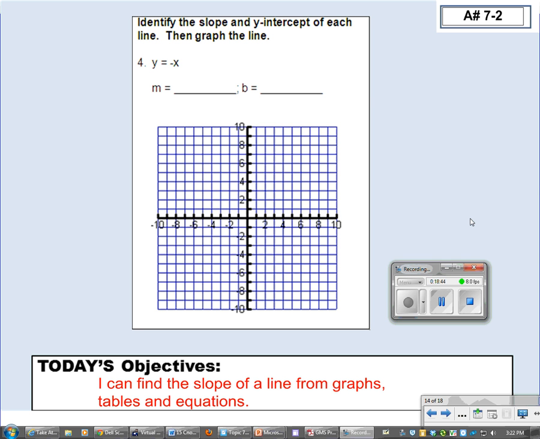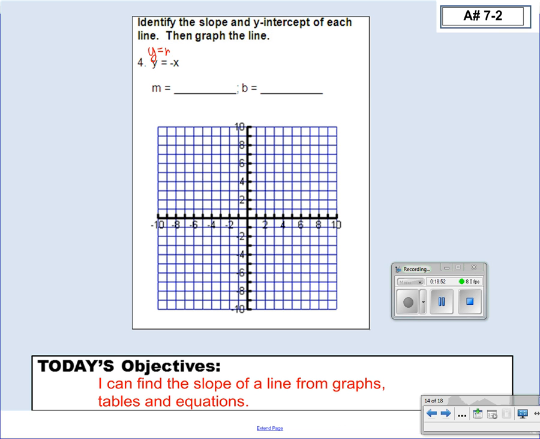Problem number 4, you're identifying what the slope and the y-intercept is for the line that's given. We're going to start with our first task, again, writing y equals mx plus b across the top or below. Notice that the number in front of the x that's given, we have a negative x. That number in front of that x is a -1x.